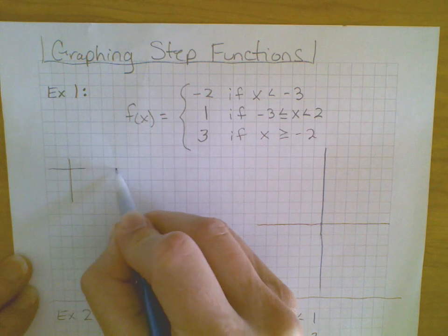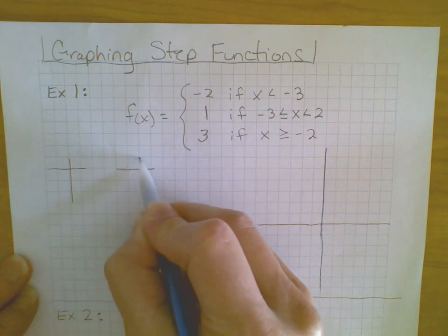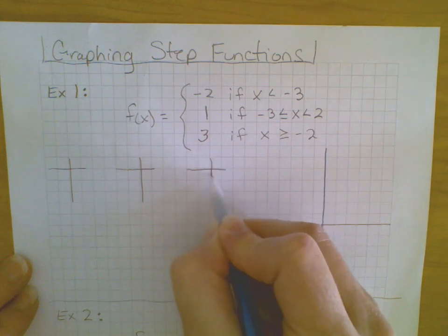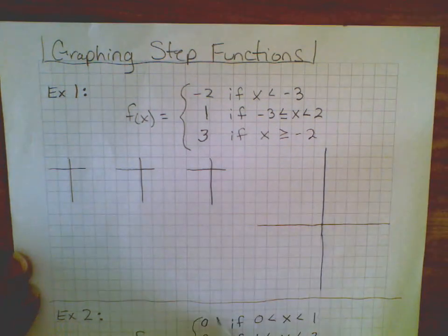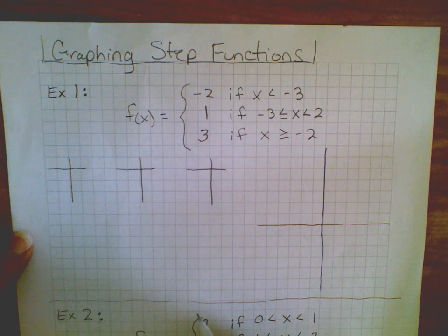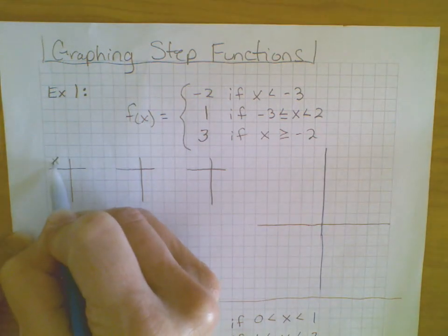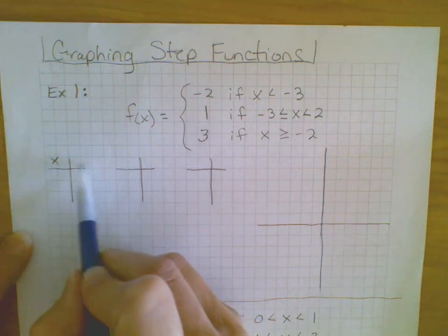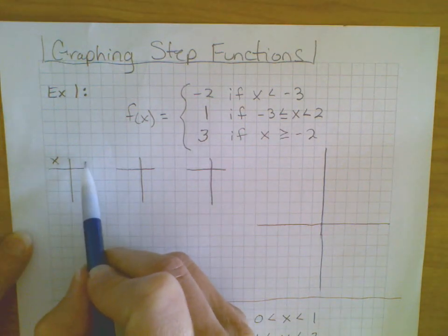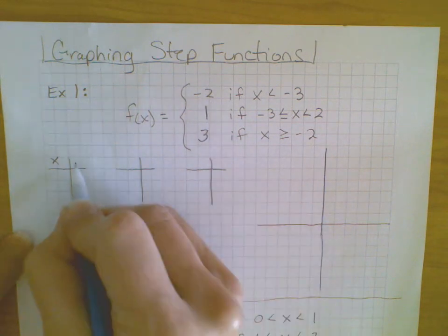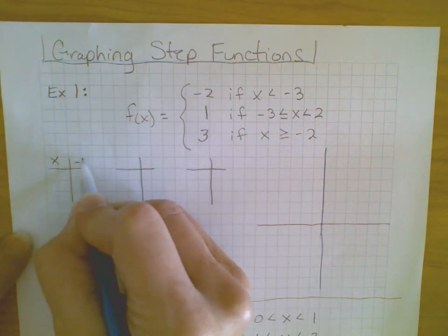I'm just going to set them up right here. So we're going to have our X. And then for the Y column I'm just going to go ahead and put in the Y value. So it's just going to be -2.